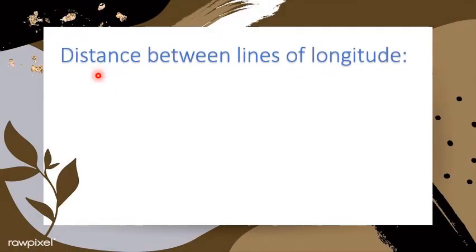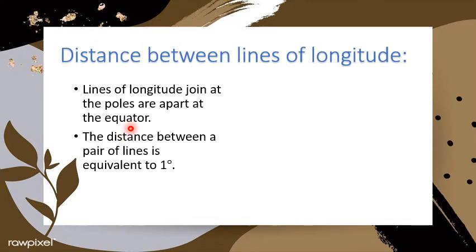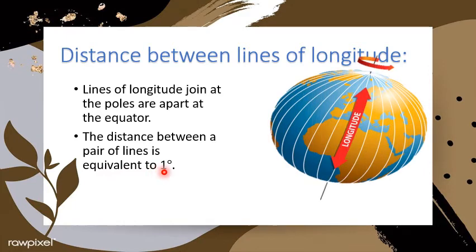Here comes the distance between the lines of longitude. Lines of longitude join at the poles and are apart at the equator. The distance between a pair of lines is equivalent to 1 degree. Now, here are the lines of longitude which are running from one pole to another.